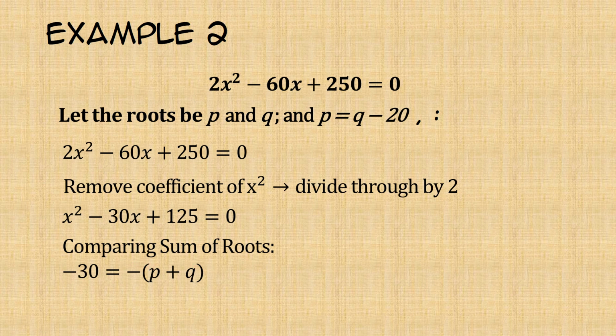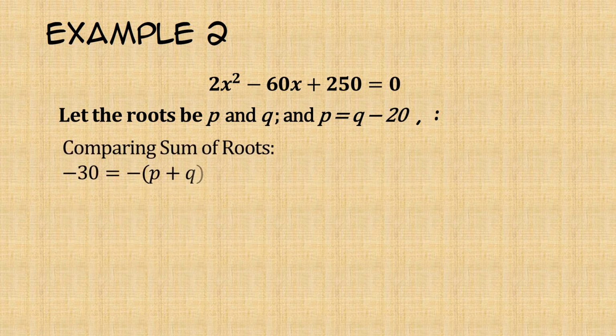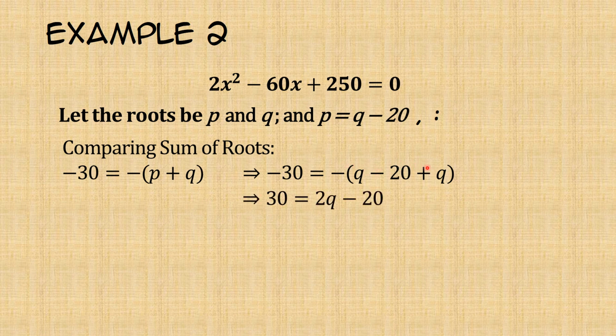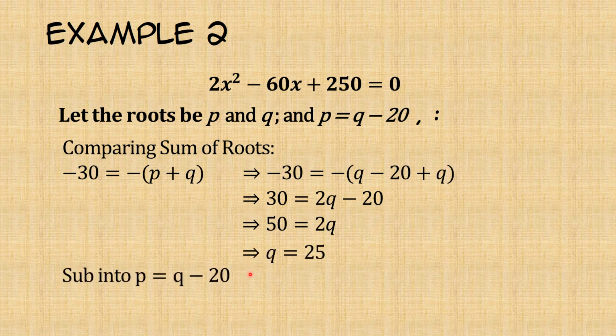So we just sub in p equals q minus 20 into that equation, simplify, remove the negative signs, and add the q's inside the bracket, to get 30 equals 2q minus 20. That gives us 50 equals 2q when we move the 20 over, and then q will equal 25. And since p equals q minus 20, p is equal to 25 minus 20. So p is equal to 5.